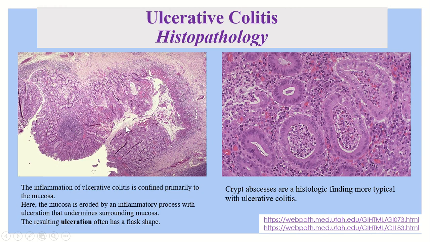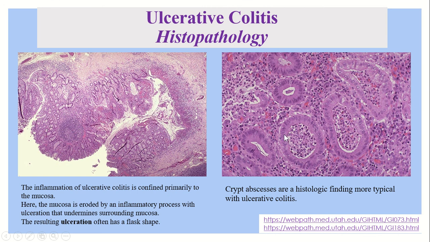And the mucosa here, you see, is eroded by the inflammatory process with ulceration. Here you also see that it undermines the surrounding mucosa, and the resulting ulceration often has a flask shape.